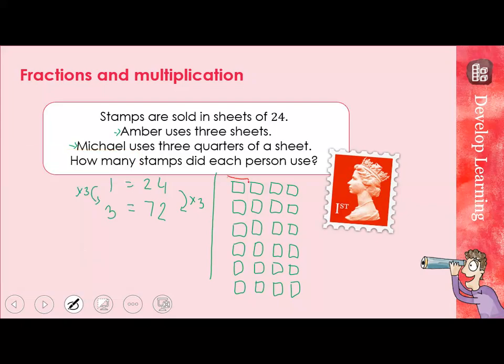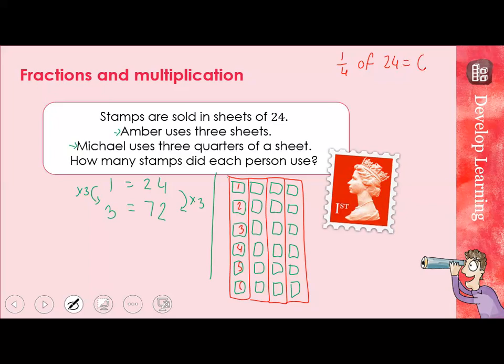If I divide this across, that's 1/4, 2/4, 3/4, 4/4. So each quarter has how many stamps in it? 1, 2, 3, 4, 5, 6. So 1/4 of 24 is equal to 6.